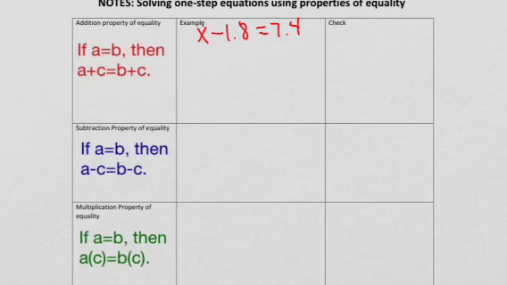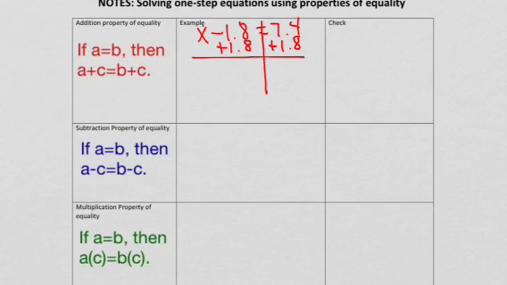So we're going to go ahead and add 1.8 to both sides. Now I drew my line there because that's like a balanced scale, so whatever I do to one side of the scale, I have to do to the other side of the scale, and that's what the properties of equality say.